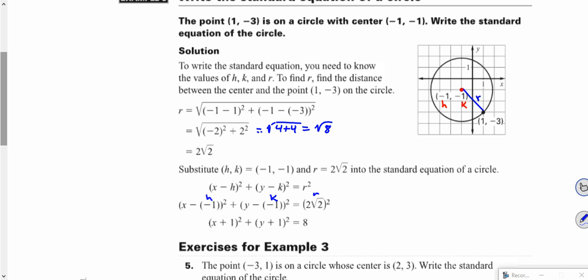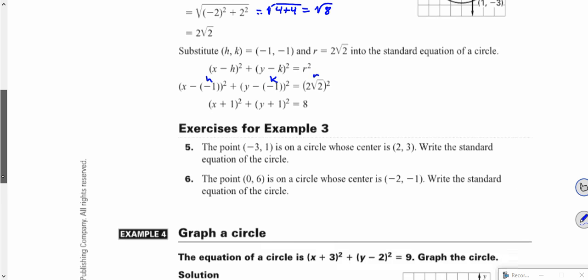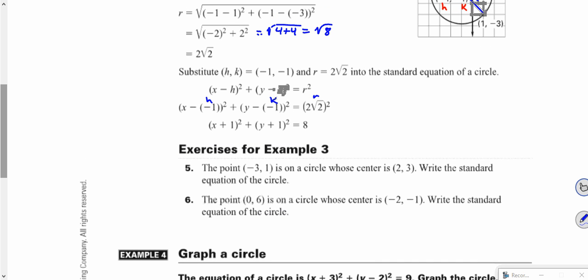Now let's do 5 and 6 here. The point negative 3, 1 is on a circle whose center is 2, 3. Write the standard equation of the circle. First thing we have to do is find the distance between the center and the point that's on the circle. That's going to give us our radius.